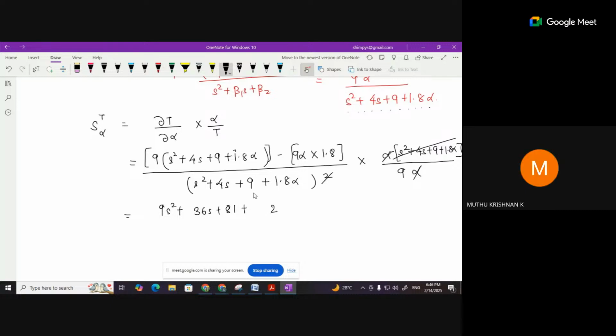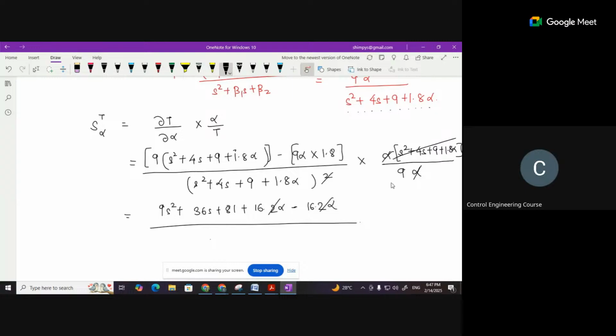Ma'am, can we take the 9 out of the numerator? That will be simple, I guess. It will cancel out the denominator. Yes, it will cancel out. And this entire thing, 9 alpha into 1.8, this thing cancels out, right?